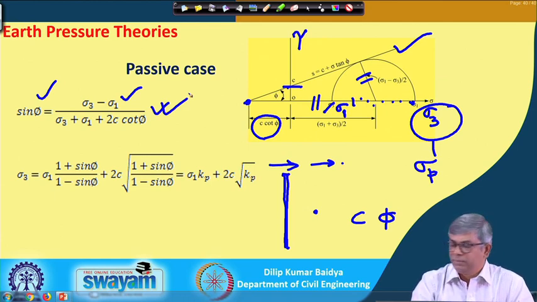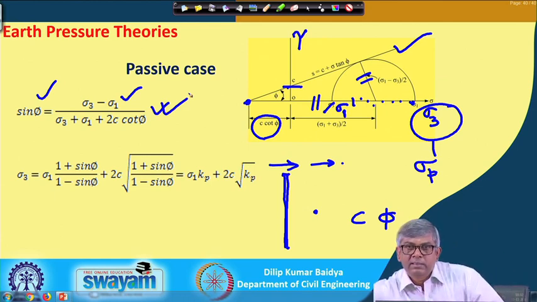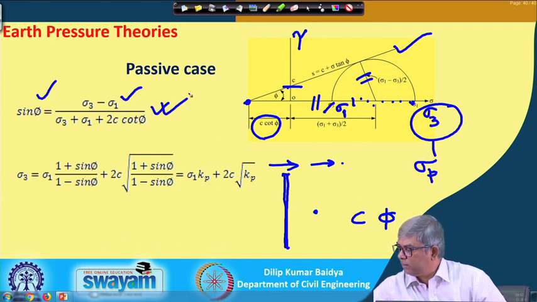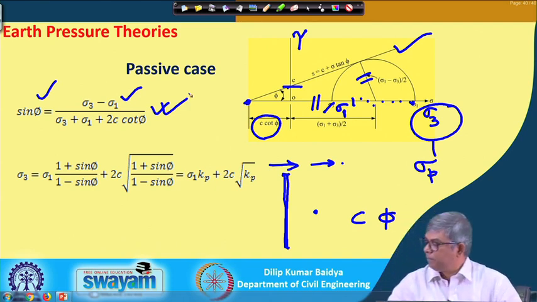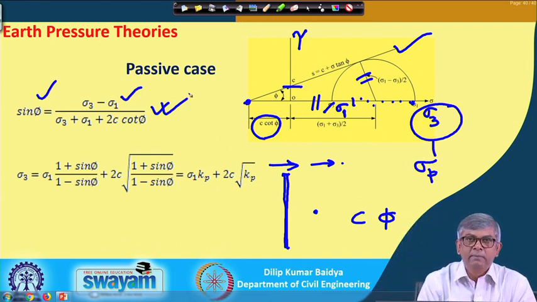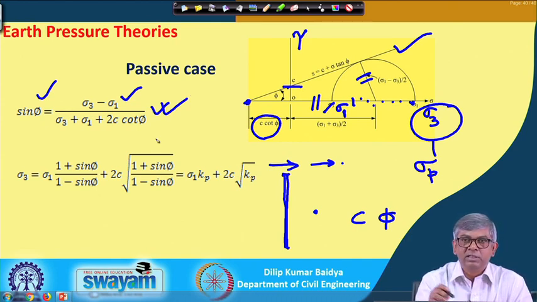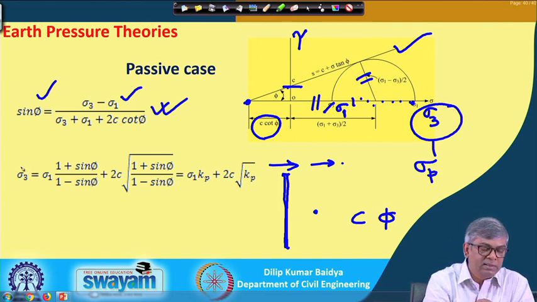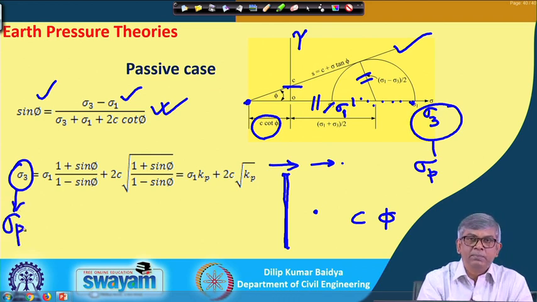Once you get this equation, you can further simplify to find sigma 3, which is unknown to us. So, sigma 3 here is nothing but sigma p, the passive pressure.